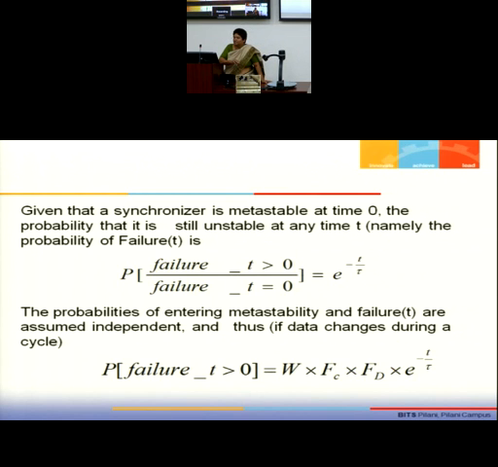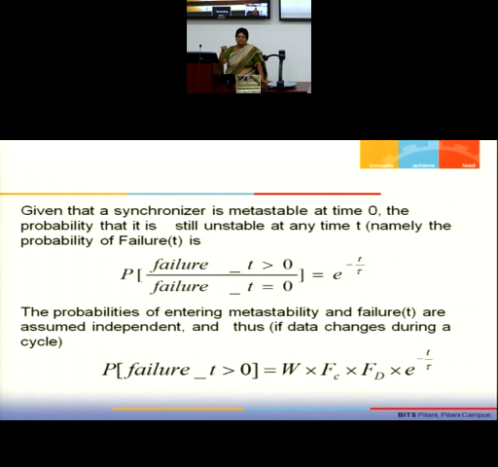Now the probability that there would be a failure depends on an exponentially decaying profile, the waiting time. There would be no metastability if there is a sufficiently large waiting time. So I now need to multiply the whole value that I have just derived with the term e to the power minus t by tau.